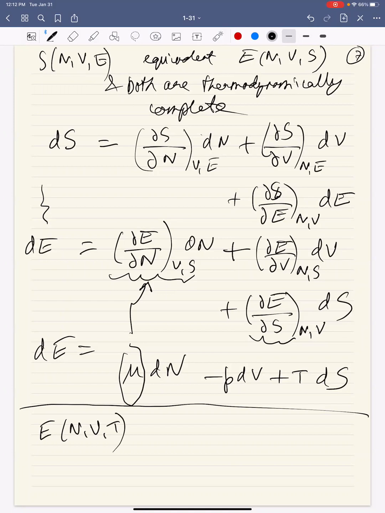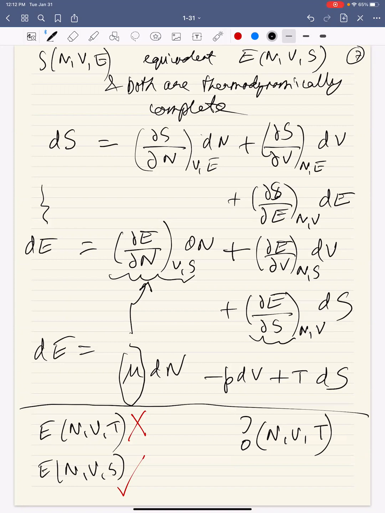I said that E of NVS is thermodynamically complete. This one is not complete. But if you're really curious, you might ask, does this mean that there exists no other state function that depends on NVT, which is also thermodynamically complete?